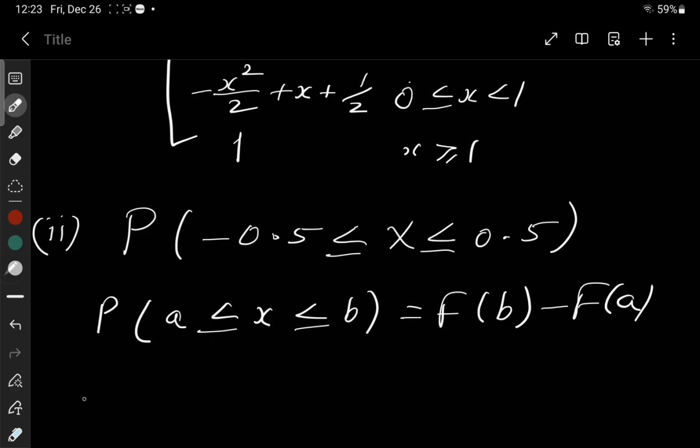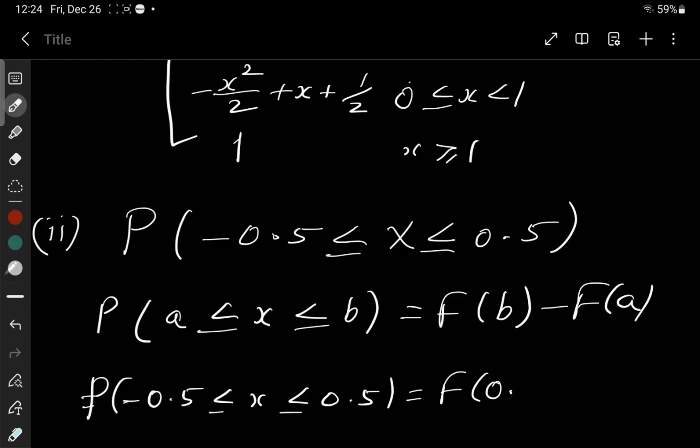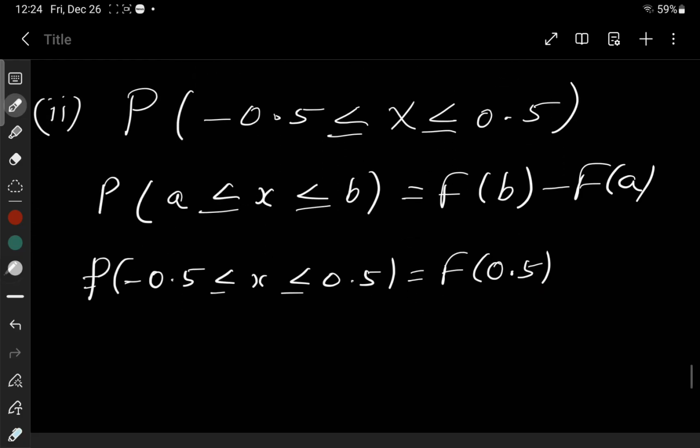So for this, P of minus 0.5 less than or equal to x less than or equal to 0.5 is f of 0.5 minus f of minus 0.5.